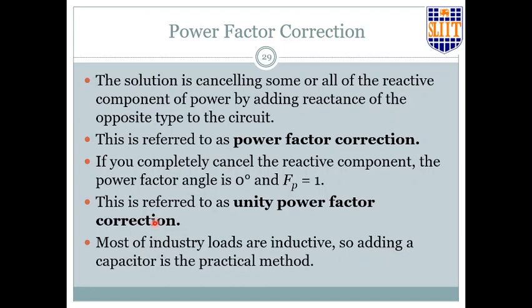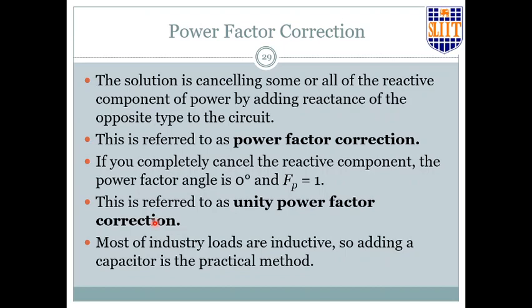Now there can be heaters. Heaters are purely resistive, or they consume only active power. Other than that, when you think about the heavy loads, majority of the heavy loads, or we can say all of the heavy loads, are inductive because they have motors in them. The moment you have a motor, there is an inductance involved. So they are inductive loads.